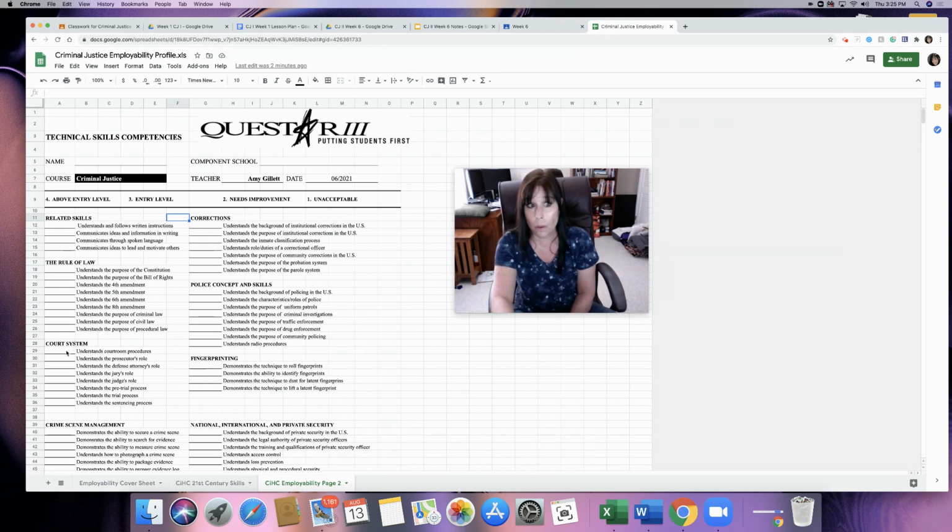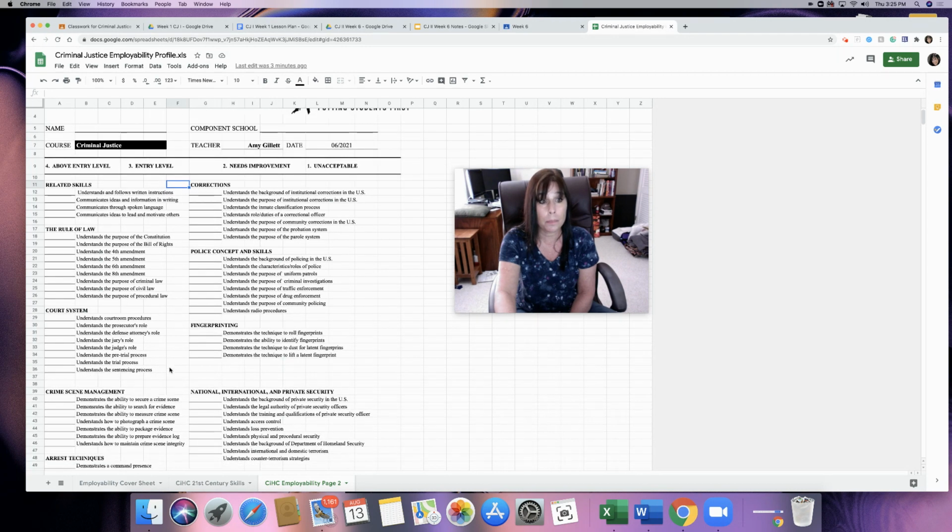Anyways, we're talking about the court system, understands courtroom procedures, understands the prosecutor's role, the defense attorney's role, the jury's role, the judge's role, understands pre-trial process, understands the trial process, and understands the sentencing process. And we did cover those topics.